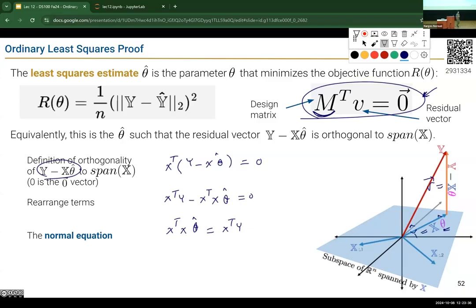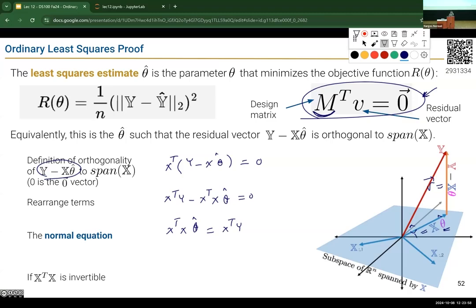This is called the normal equation because it's the equation you can directly solve to get all of the theta hat values that we want. As soon as you have x and y, you can solve this set of equations to find the optimum theta hat values.